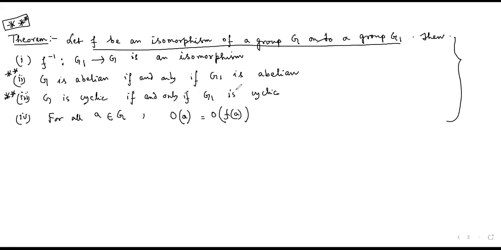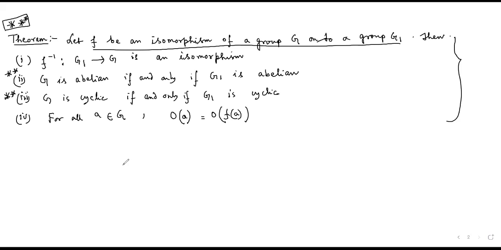Now I'm going to analyze a few situations, and you will get to know why the study of isomorphism is actually very important. The basic idea behind studying isomorphism is that, suppose we have a group structure in front of us whose properties we cannot identify well. Many times a structure is in front of us, but we cannot say whether it is a group or not.